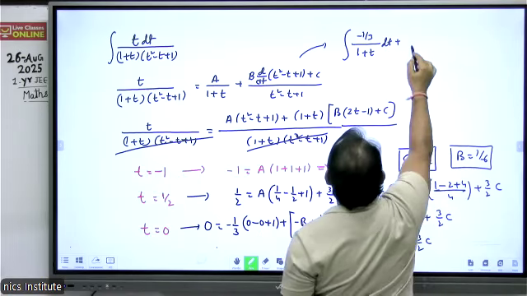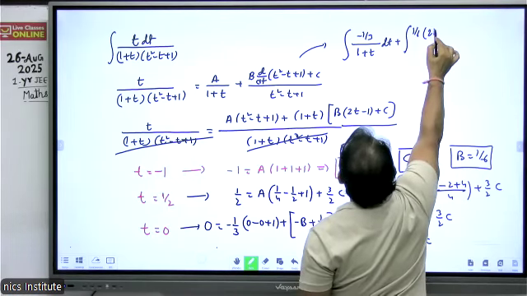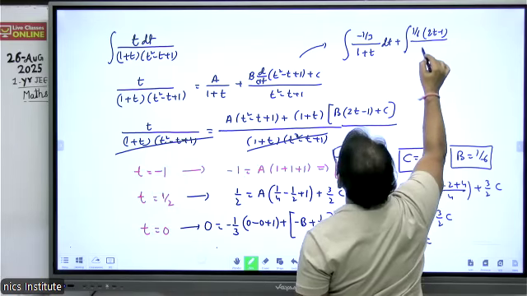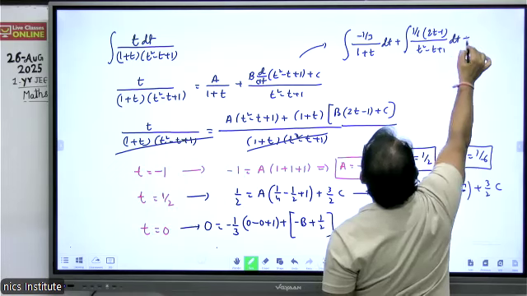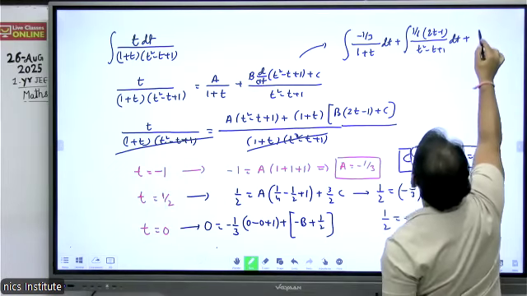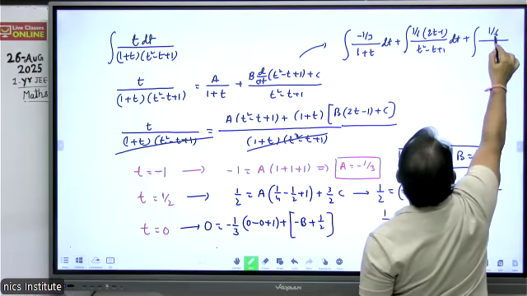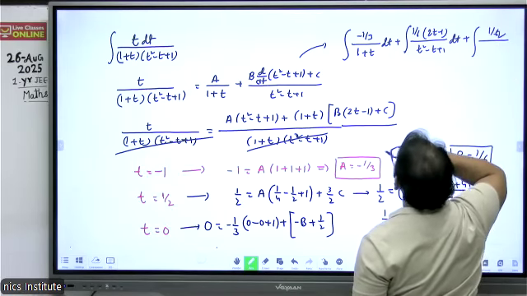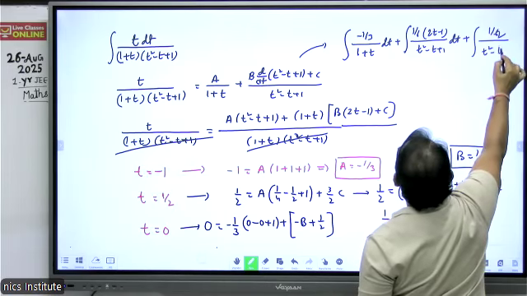B is 1 by 6. Differential is 2t minus 1 by t square minus t plus 1 dt. Third part is C, which is 1 by 2, divided by t square minus t plus 1.